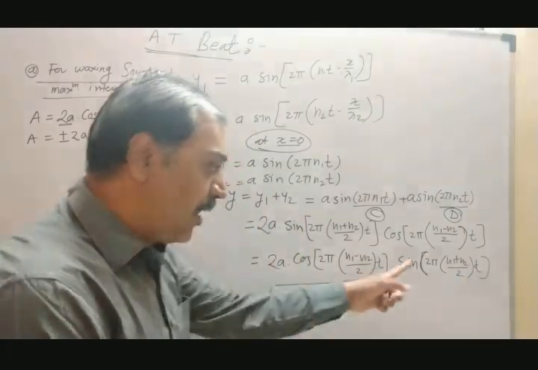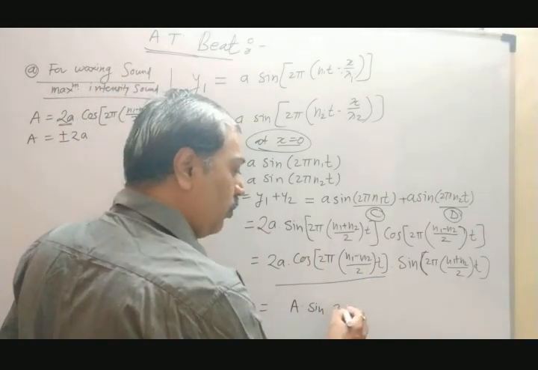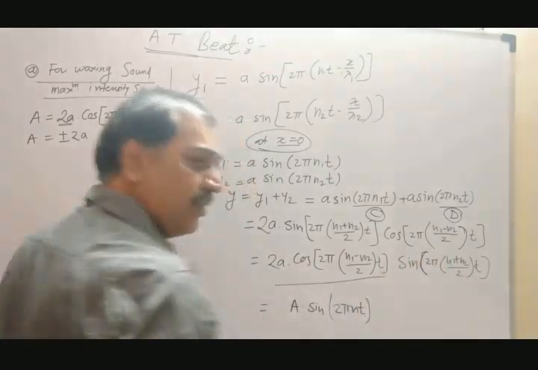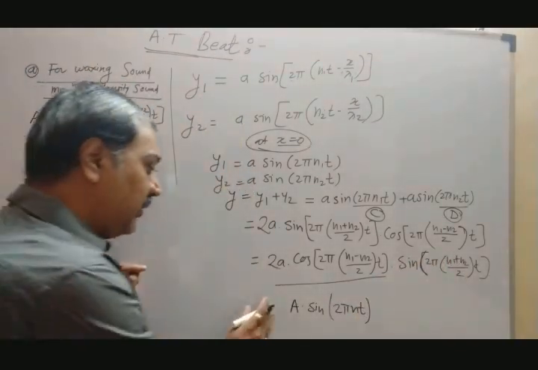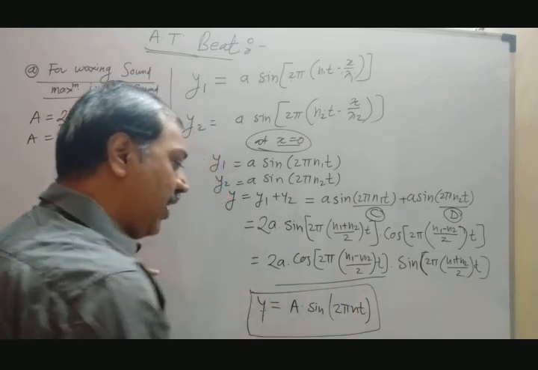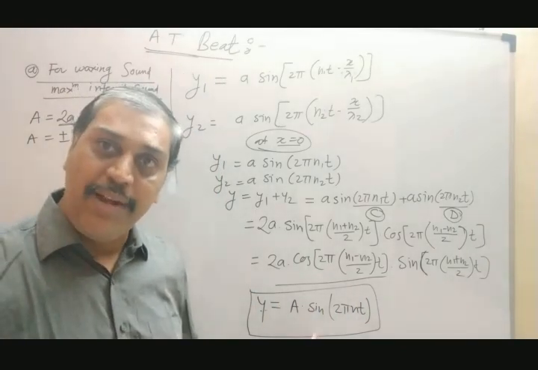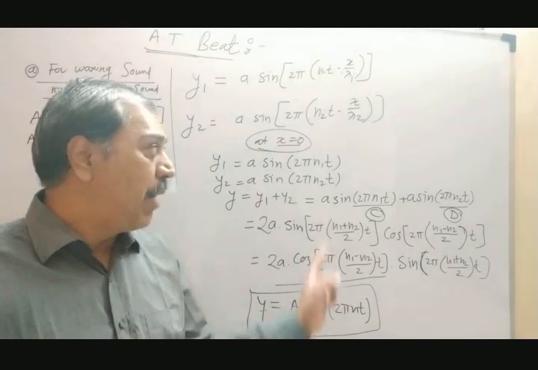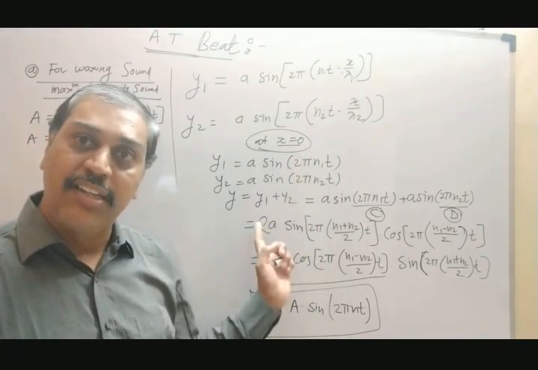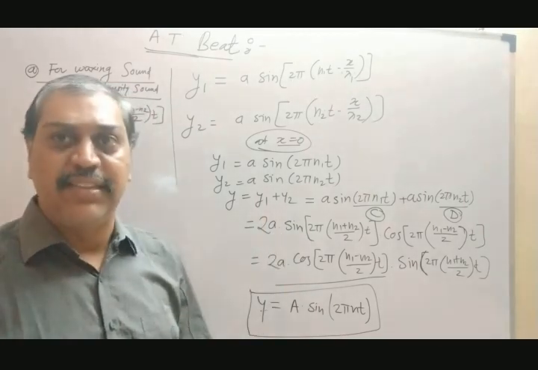So write (N1 plus N2) by 2 as N. You can write A sine 2 pi N T, where N is (N1 plus N2) divided by 2. This is the equation for the resultant displacement: y equals A sine 2 pi N T, the resultant displacement produced in a beat by the two waves, found using the principle of superposition of waves.